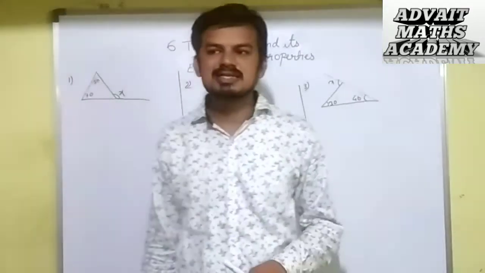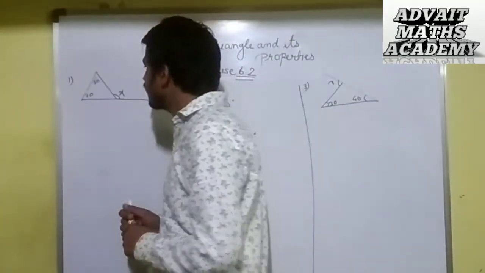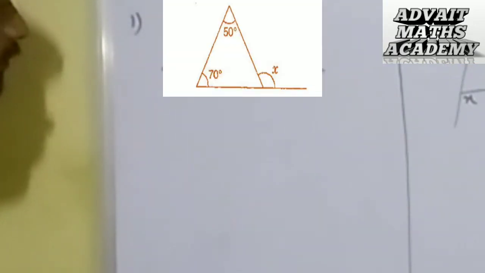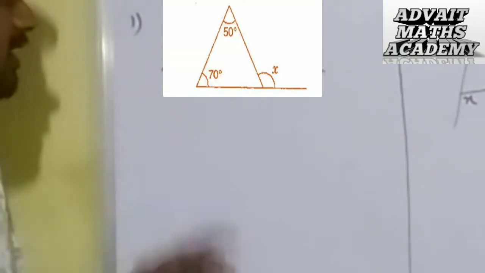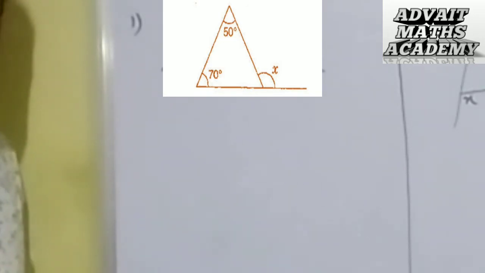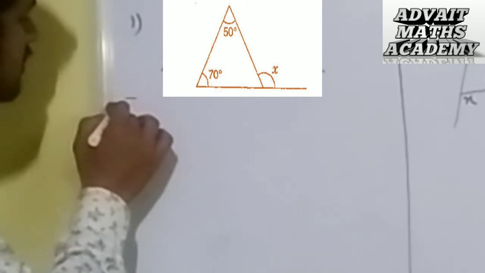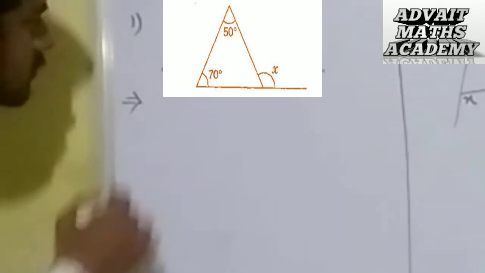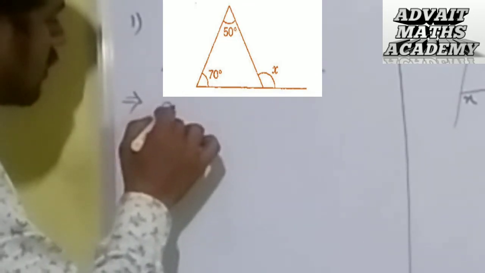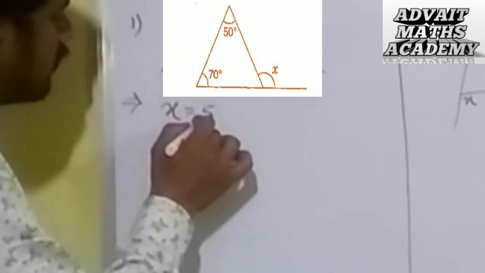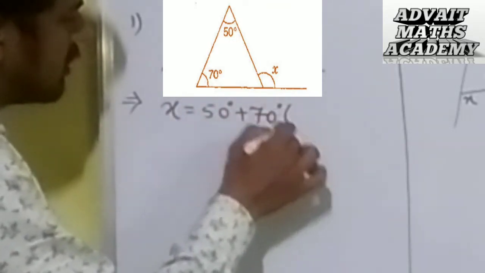Now we start exercise number 6.2. Let's see problem number one. In that figure, we have to find the exterior angle x, and the interior opposite angles are given as 70 and 50. Write first, x is equal to 50 degree plus 70 degree.